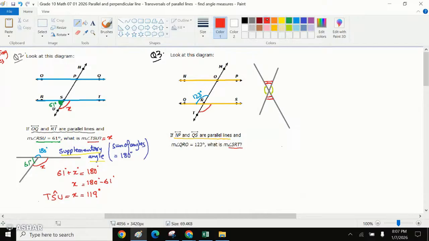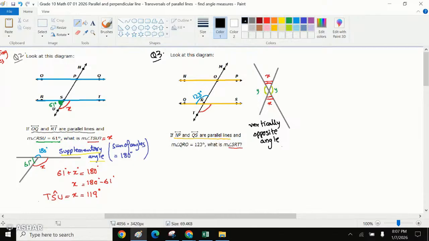If I say this was X, then this would be X. If I say this was Y, then this would be Y. These angles are known as vertically opposite angles.